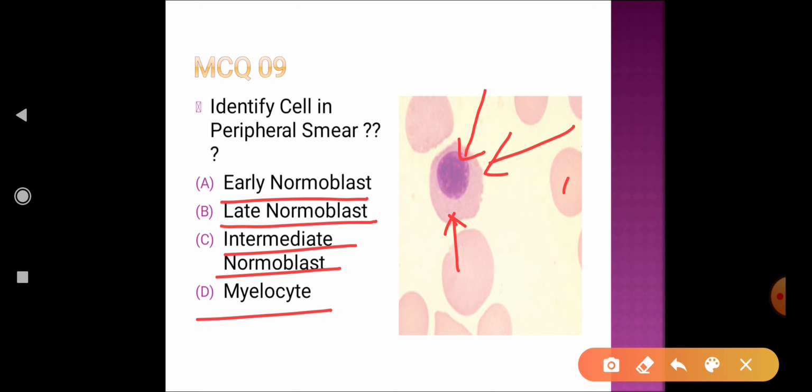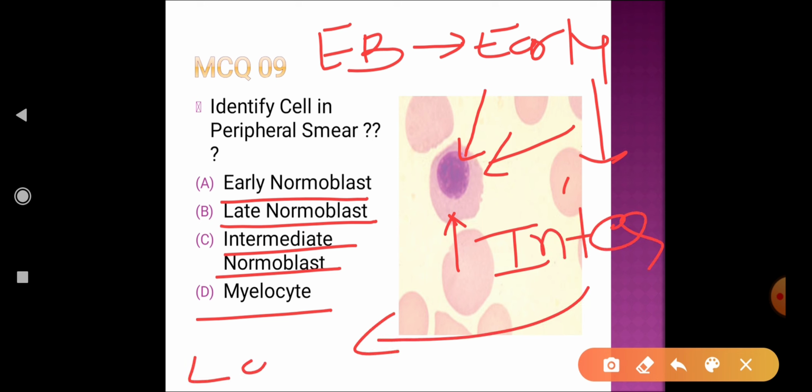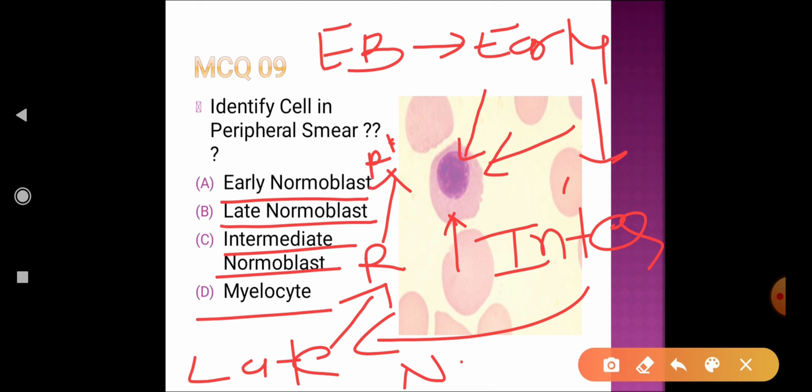In the series of the formation of red blood cells, the first cell is the erythroblast. Then gradually there will be early normoblast, and from the early normoblast there will be formation of intermediate normoblast. And gradually there is a formation of late normoblast. Then it will get converted into reticulocyte and finally red blood cell is formed.